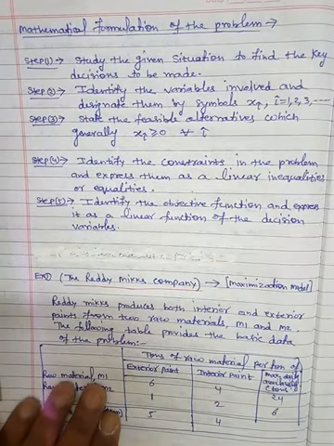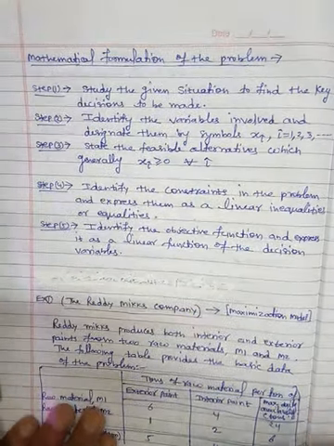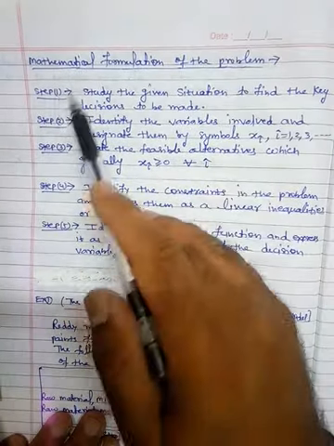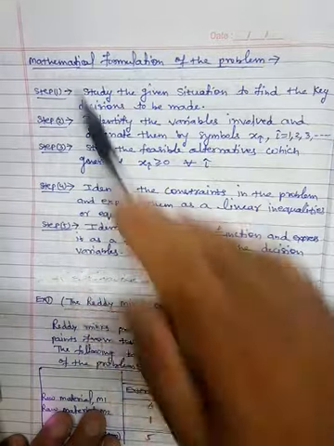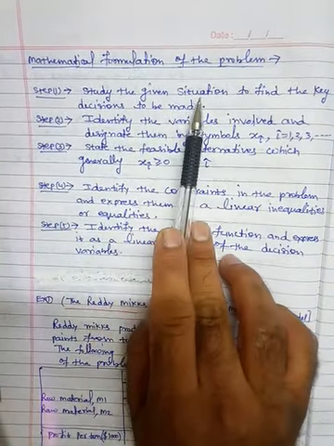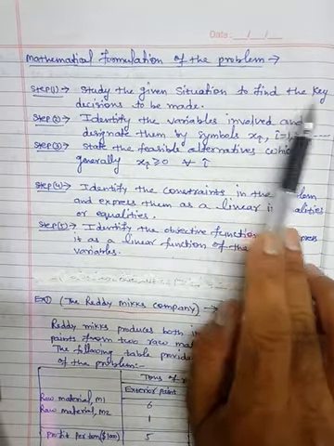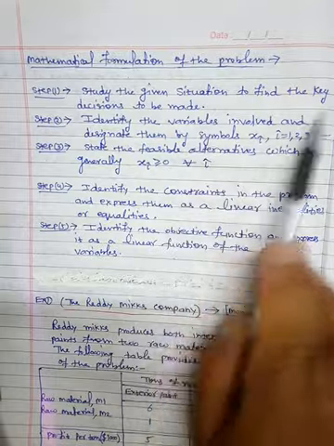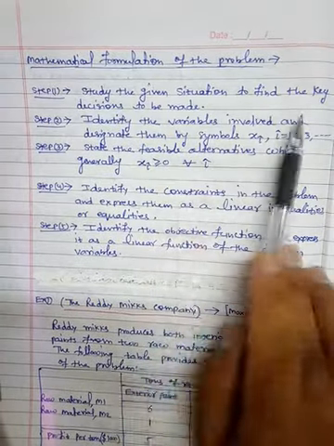Okay, so let's see. So first is the mathematical formulation of the problem. So this mathematical formulation is divided into 5 steps. Step number 1, study the given situation to find the key decisions to be made. Okay, first we will study the situation.